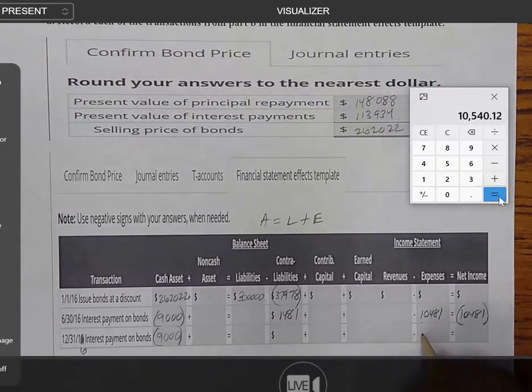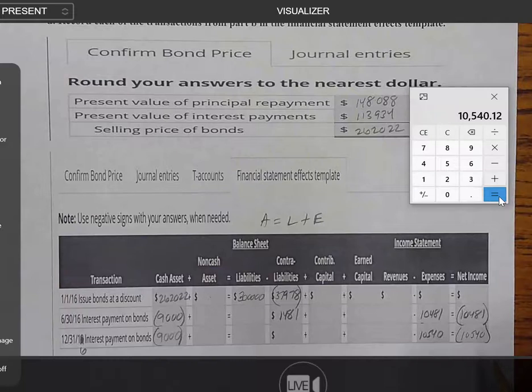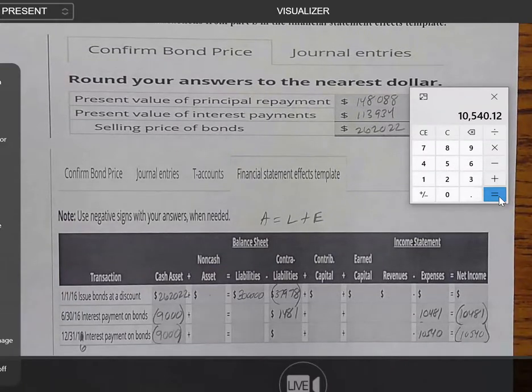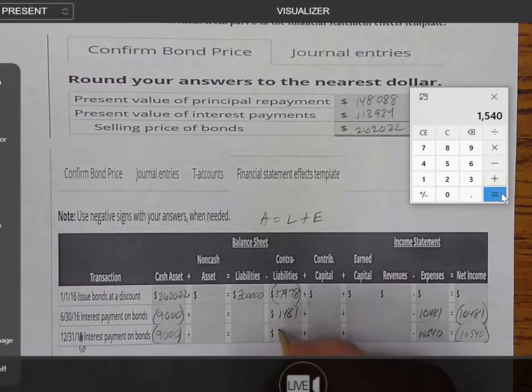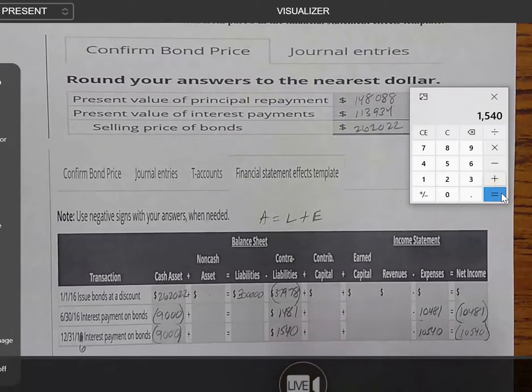And we're going to enter that over here because the expense has gone up and then net income has gone down. Okay? And we have one more thing that we have to do. The first thing I'm going to do is take 12 cents off. Make this nice and clean. 10,540, that's the amount of interest expense minus the amount of interest paid, minus $9,000 is 1,540, and I'm going to plot that right there.